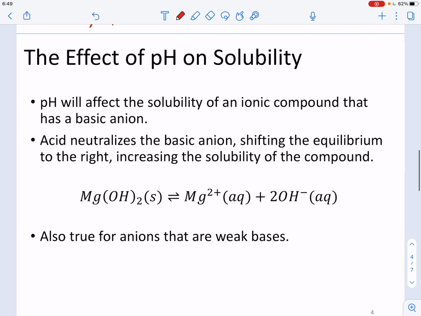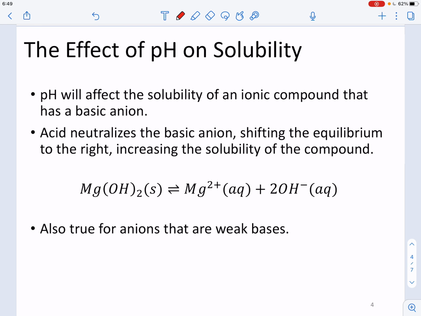Now when it comes to pH, it's similar in a way, because the main impact would be in the anion, and that is if the anion is a basic anion, if it's a conjugate base, if it's a weak base, let's put it that way. If it's a strong base, well, weak or strong, they will interact with the pH of the solution.